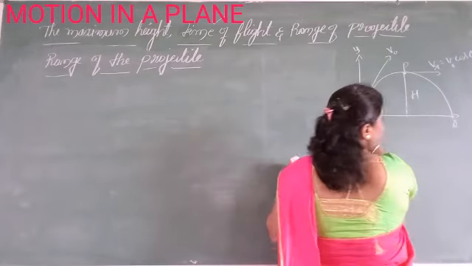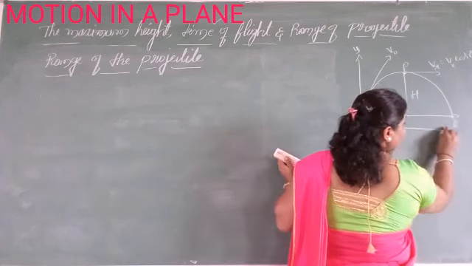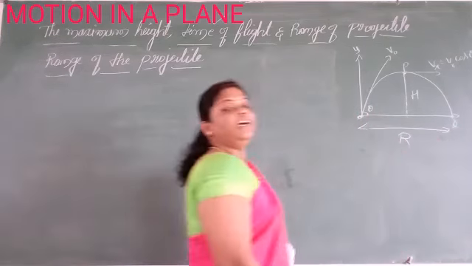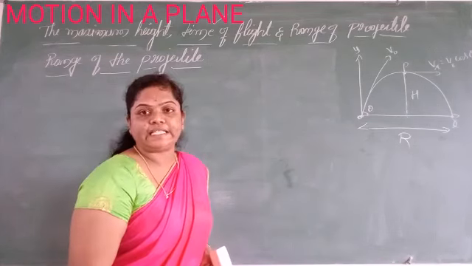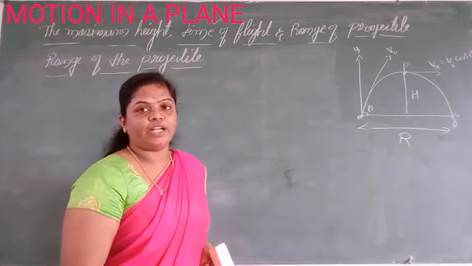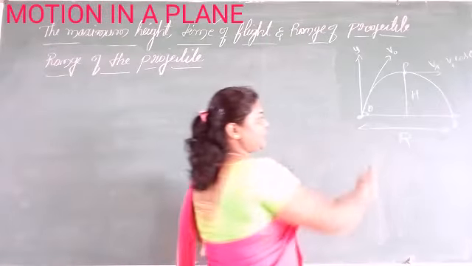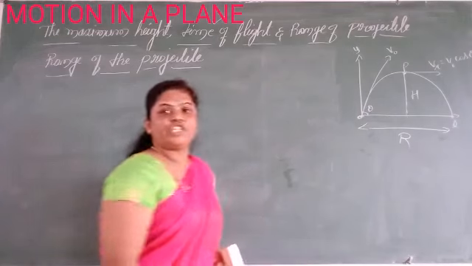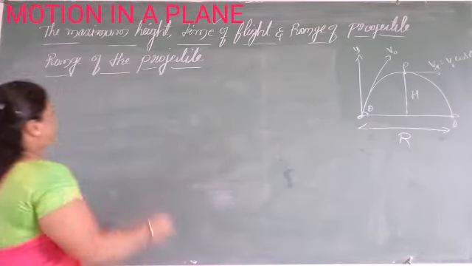This is the initial position, this is the final position. This horizontal distance is called the range of the projectile.